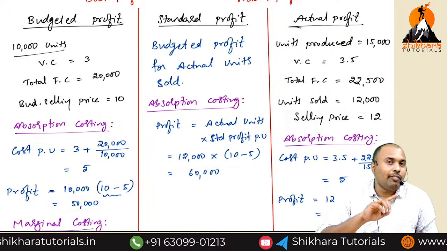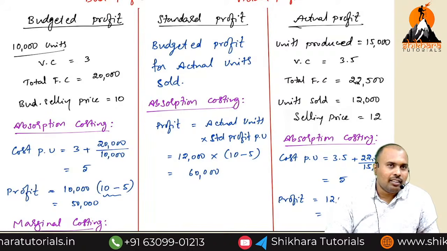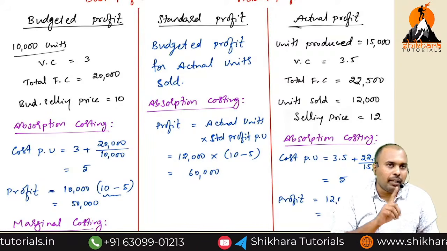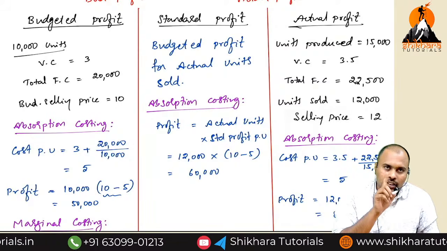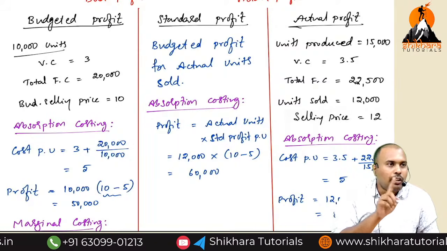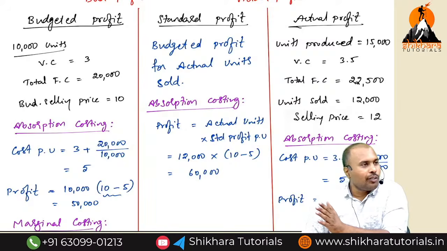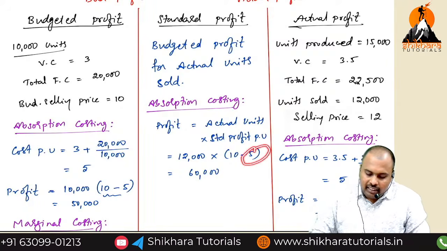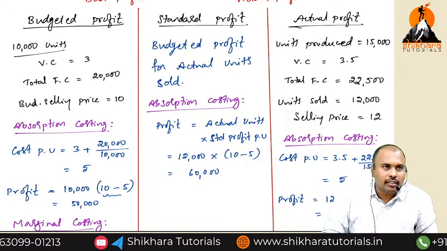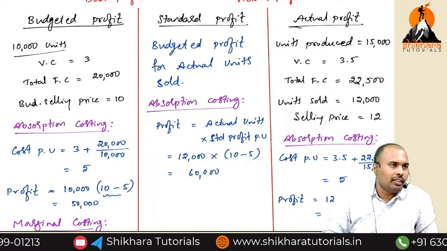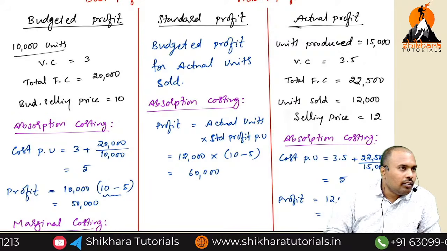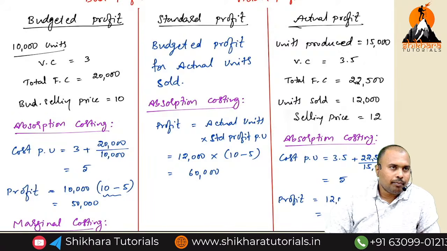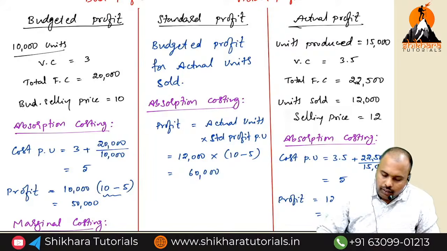Now, when we are talking about sales margin variances, I told one thing: from selling price, in both the standard margin and the actual margin, I'm supposed to deduct standard cost only, right? So after deducting standard cost from the sales, we are going to get sales margin volume variance. Understood? Okay.